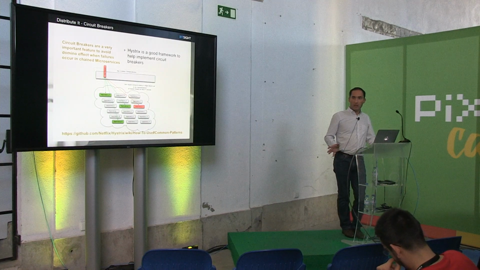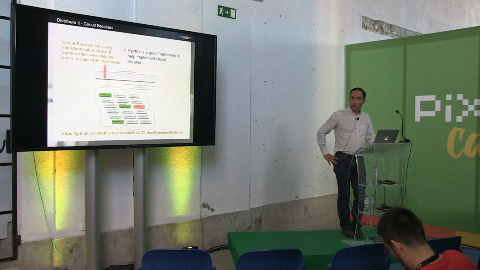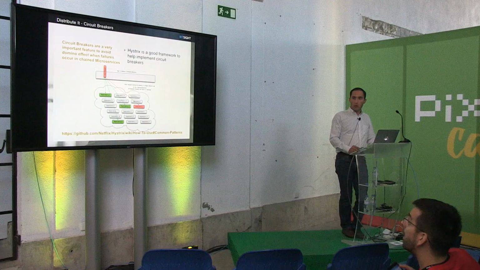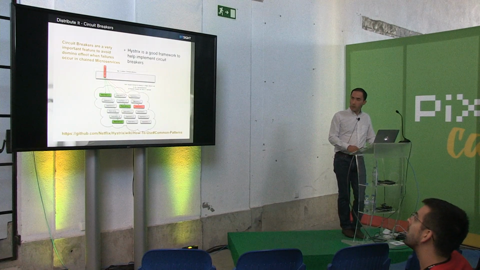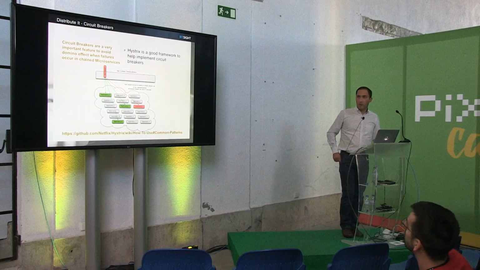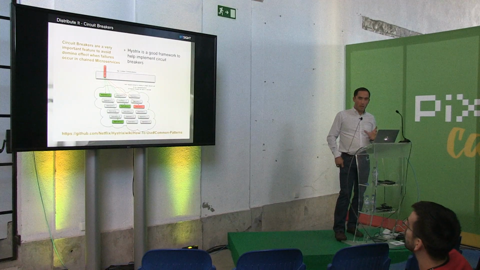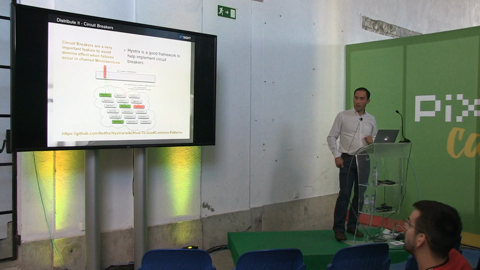And if you have a limited thread pool, which is usually what we have, you will see that in a few minutes, your whole application, your whole microservices infrastructure will be blocked, waiting for a response from a resource that is dead. So circuit breakers are a very important feature in microservices because they allow you to control the downward spiral of your threads.